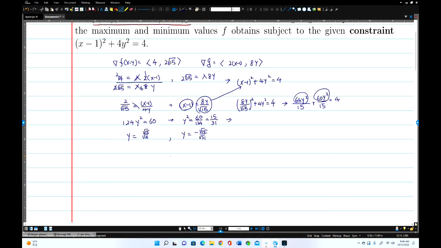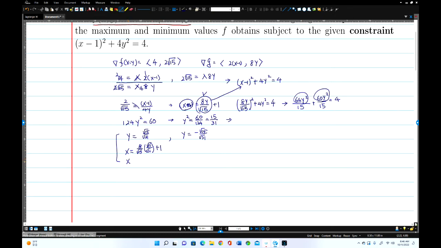Now let's find the value of x. The value of x equals 8 over √15 times the y from over here, √15 over √31, and we need a plus 1 over here. So plus 1.